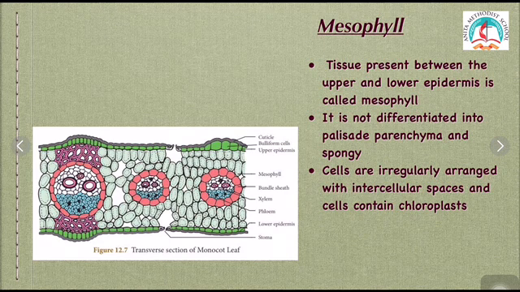Mesophyll is not differentiated into palisade and spongy parenchyma. See, the middle region between upper and lower epidermis is called mesophyll, but here in monocot leaf it is not differentiated into palisade and spongy parenchyma. The cells are irregularly arranged with intercellular spaces, and cells contain chloroplast.